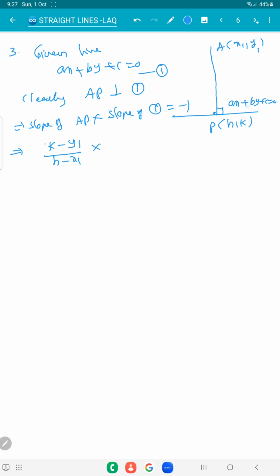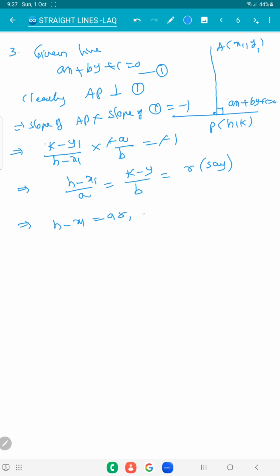Slope of a straight line is minus coefficient of x by coefficient of y. Cross multiplication, we have h minus x1 by a is equal to k minus y1 by b. Let it be r, say. So h minus x1 is equal to ar, k minus y1 is equal to br. That implies h is equal to x1 plus ar. Let it be Roman 1. k is equal to y1 plus br.